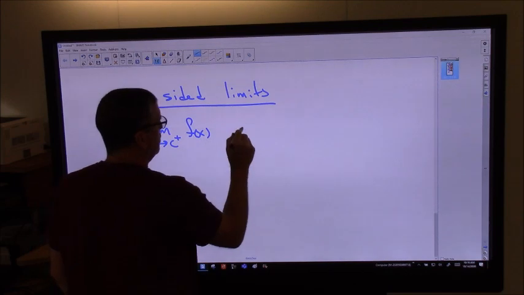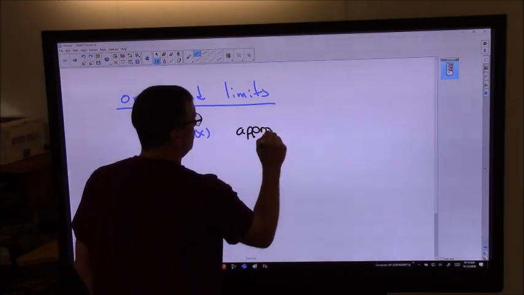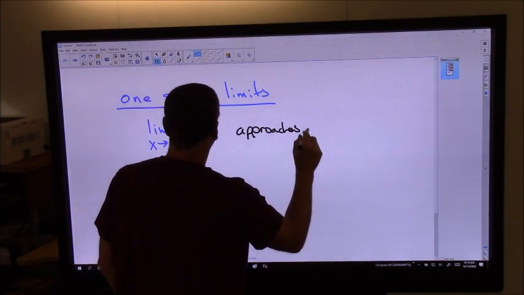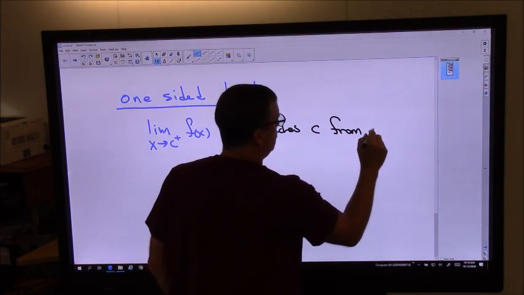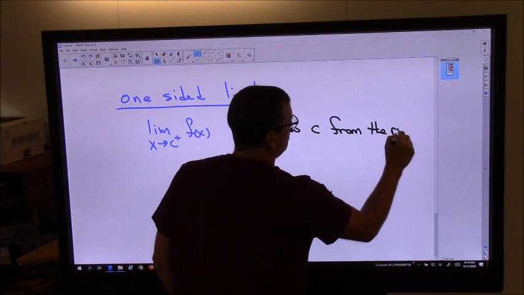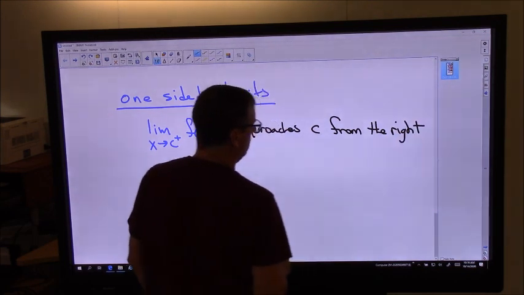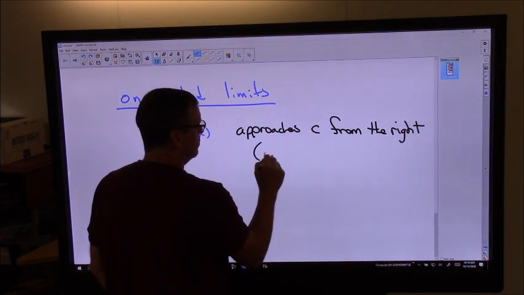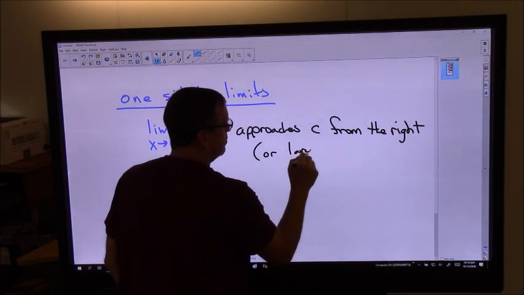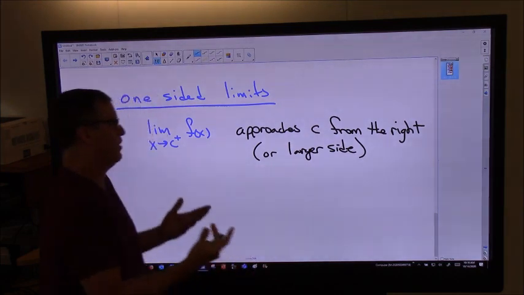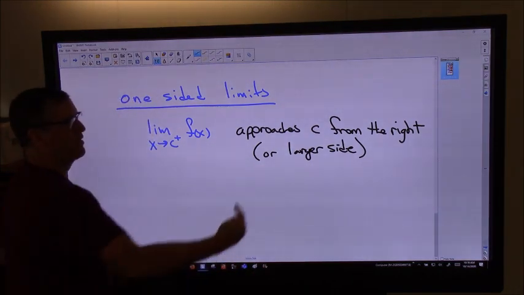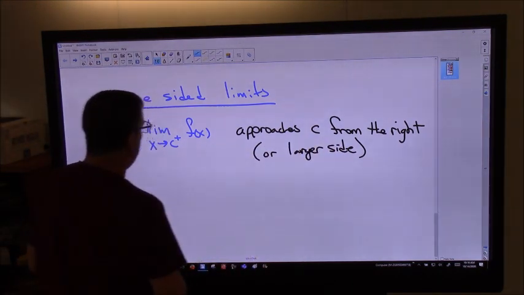So we would say that this approaches c from the right, or larger side. Okay? I don't really care which way we think about that, but it's coming at it from this direction.